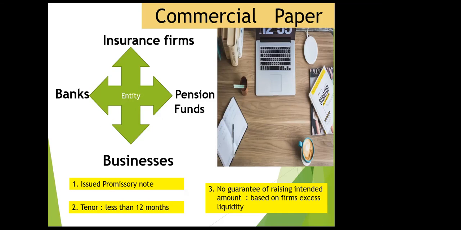Okay, so if you look at the pension fund, it's got different categories of members. There are those who are just getting into the fund, and then there are those who are exiting the fund. And then there are those who are just claiming during the lifespan of the fund.